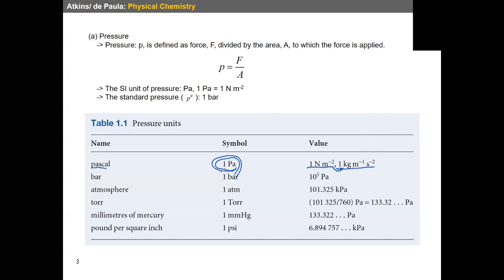The most widely used unit for pressure is the Pascal, but somebody also uses Newton per meter square, or a kilogram per meter second squared. So we don't need to be embarrassed if somebody uses a different unit for pressure.